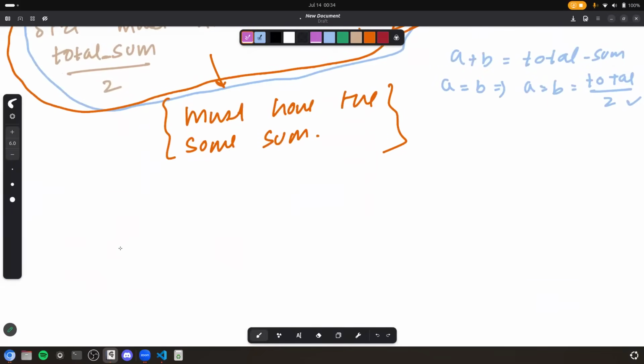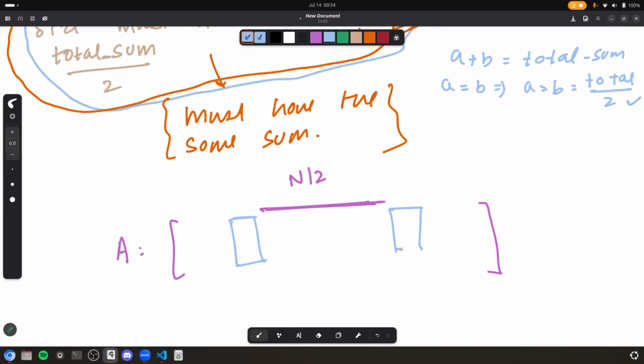Let's say we are given an array A, and let's say we have chosen some subarray as this. It has n by 2 elements. So there must be some element before it, and there must be some element after it, right? And there must be some elements here on the end.